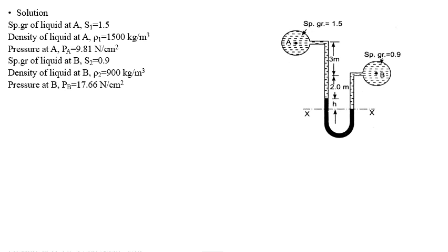Pressure at B, P of B, is equal to 17.66 Newton per centimeter square. Now the specific gravity of the mercury is given, S is equal to 13.6. So the density of mercury ρ is equal to 13.6 multiplied by 1000, that is 13,600 kg per meter cube. So these are the given data in the numerical.